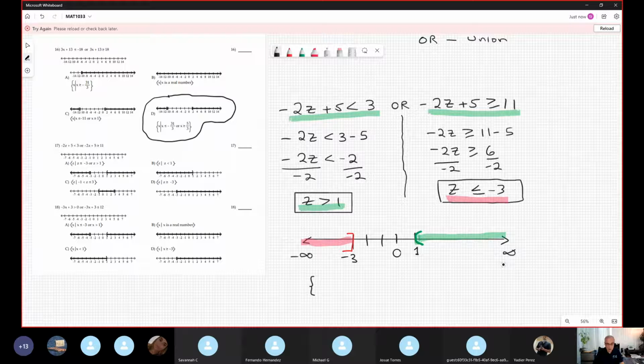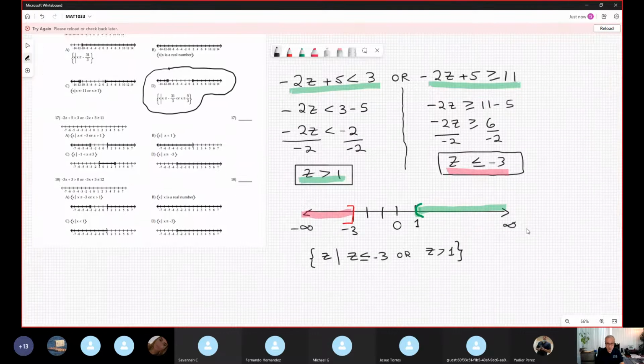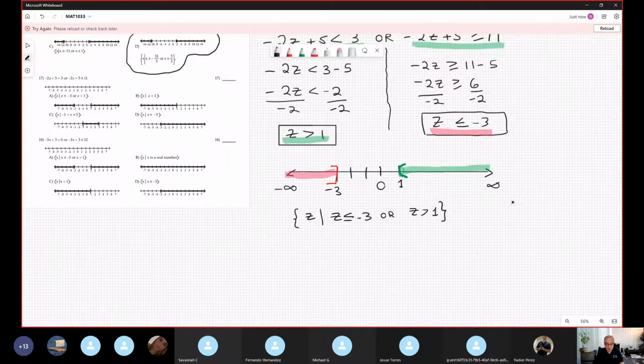Open curly bracket, you put the name of the variable c, such that, and you put this condition: c less than or equal to minus 3 or c greater than 1. Another way to represent this idea is interval notation, the most popular.